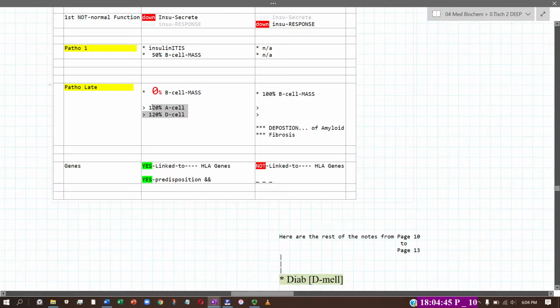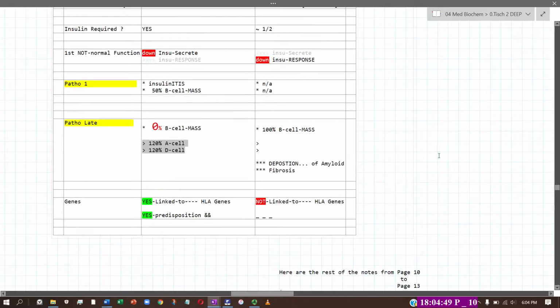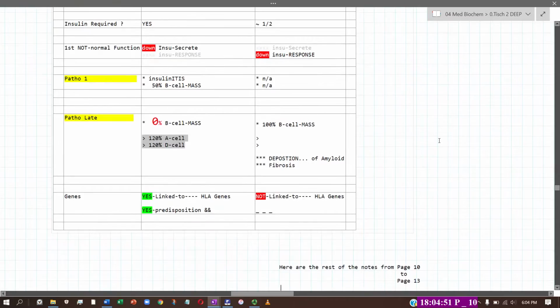Something else notable under late pathology of type 1 diabetes, there's an increase in alpha cells and delta cells. So the increase, I just symbolized it with 120% and 120%.